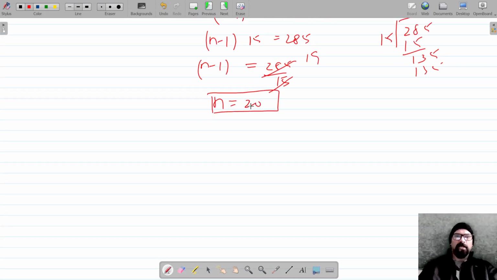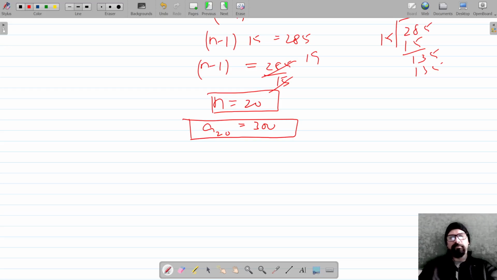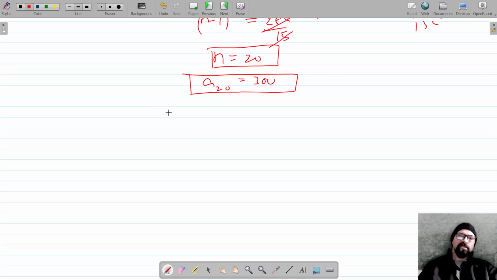So that means our 20th term, a20, is 300. Now we have to find the sum of all terms of the AP. So n is 20 here. So let's find out the sum of 20 terms. Sum of n terms is given by n by 2 into 2a plus n minus 1 d. But when we know the last term, you can simply use n by 2 into a plus l.